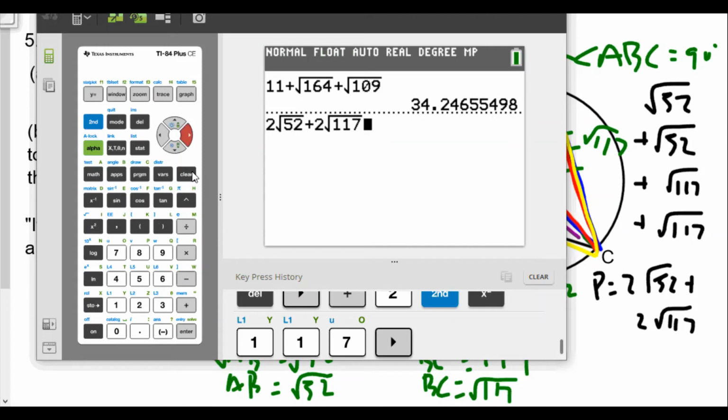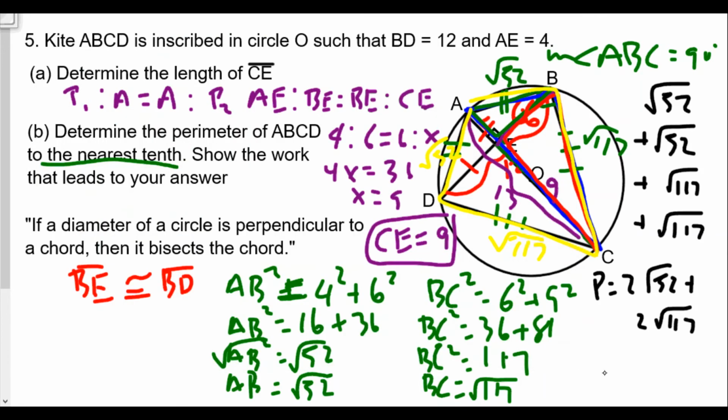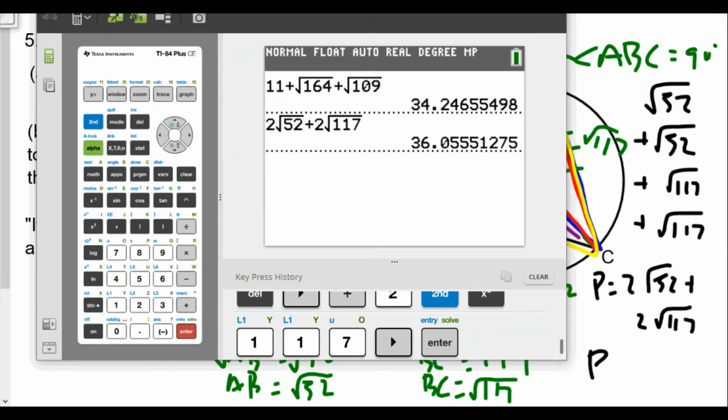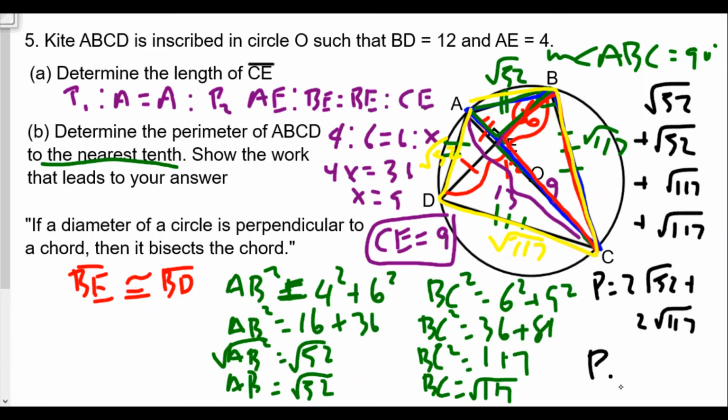Okay, to the right, and add together as a decimal. So the perimeter is 36.05, which in this case will be 36.1. 36.1 will be our perimeter. All right, there you go. So that's question number 5. Now for question number 6.